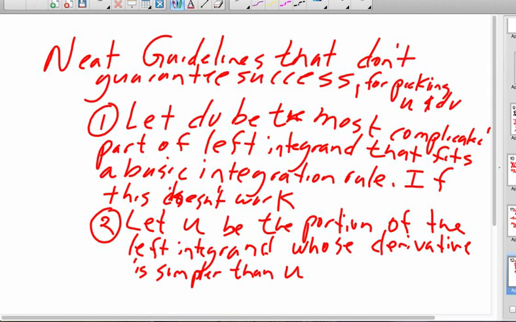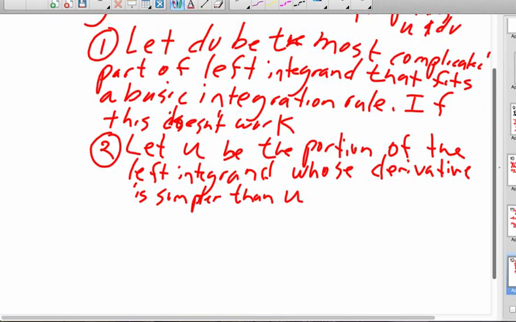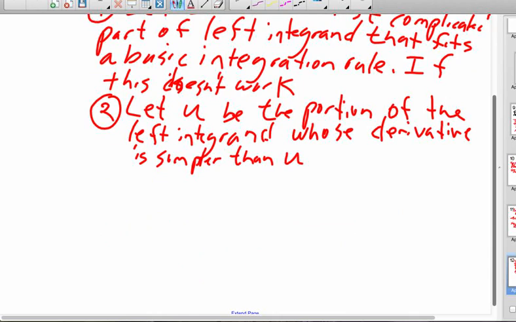And usually by simpler, we're talking about lower order, but especially where the derivative makes things very simple, especially if you can get it where it becomes part of a u-sub. So if neither works, then do number 3.